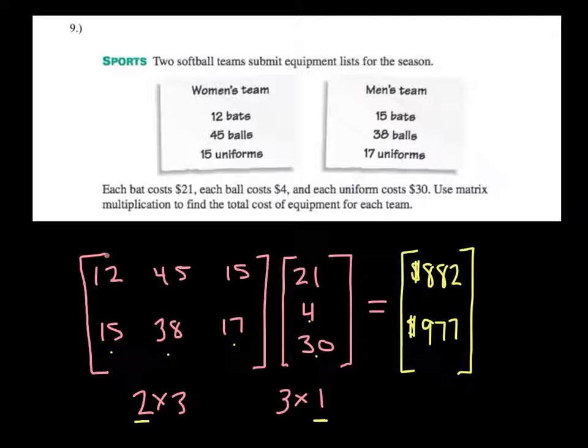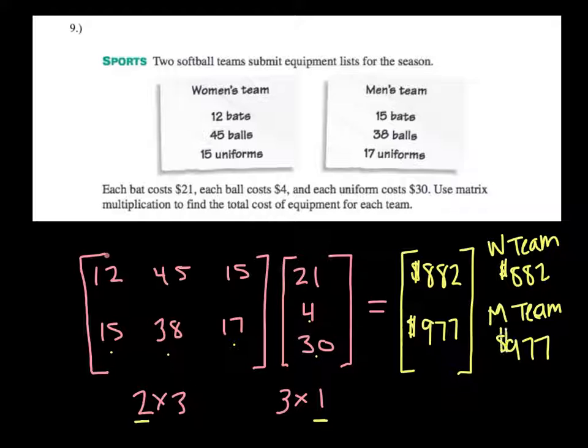So it's going to cost the women's team $882 for their equipment. And the men's team, it will cost them $977 for equipment.